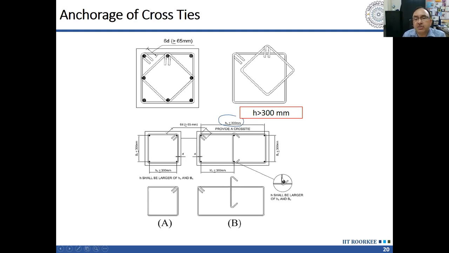That's why I will recommend that this tie should go around the longitudinal reinforcement only. There is no need to engage the long leg of the transverse stirrups by this tie. Only thing is that the distance between two longitudinal bars which are restrained either by tie or stirrup should not be more than 300 millimeters. That we have to follow.